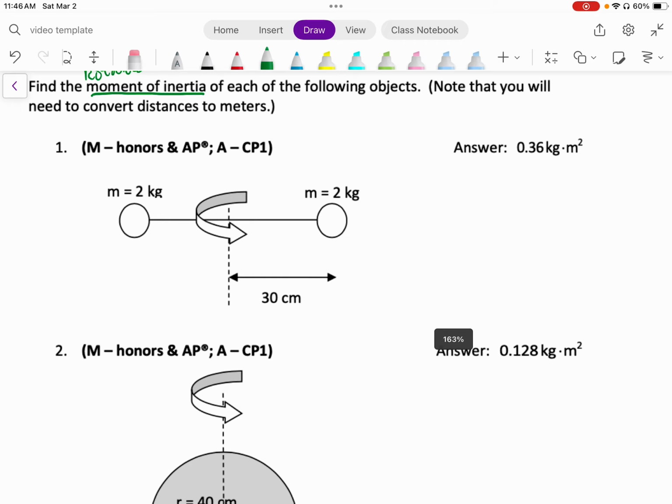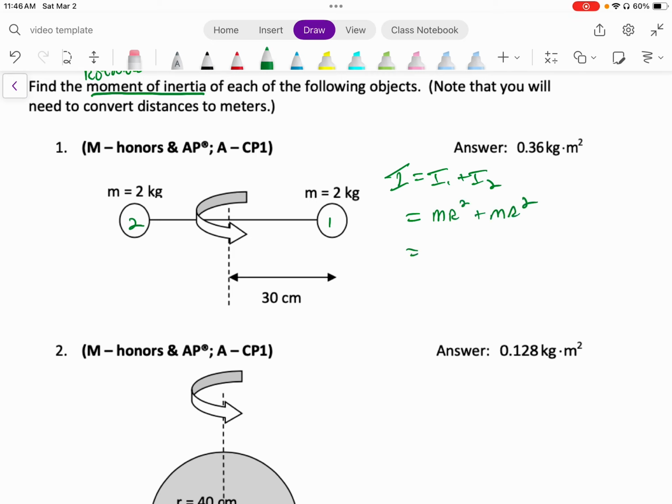So I have an object that has two masses at the very end of something that I'll consider a light string. And I'm going to calculate it as if there's 2 point masses. So this is object one and this is object two. So I of this object will be equal to I1 plus I2. The rotational inertia of a point mass is mr squared plus mr squared.